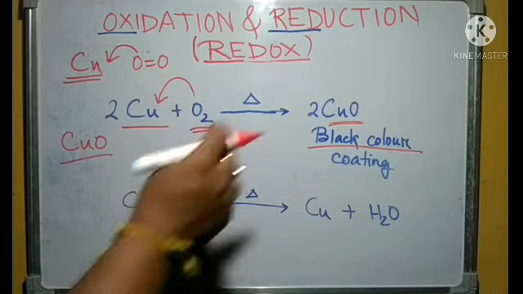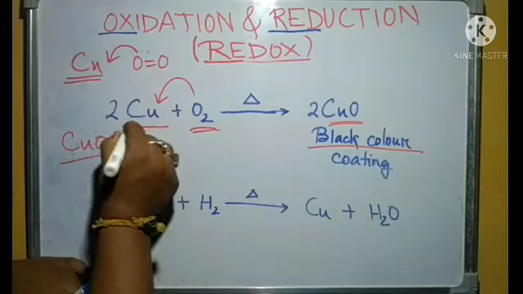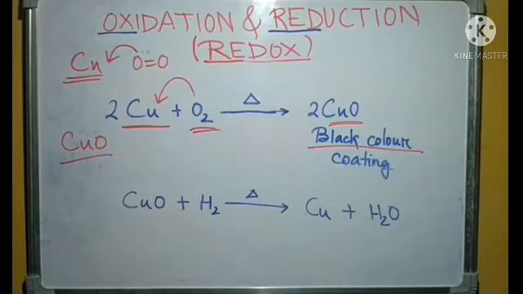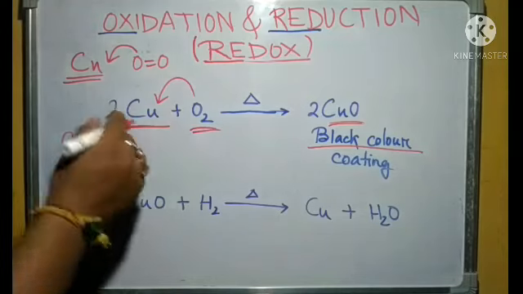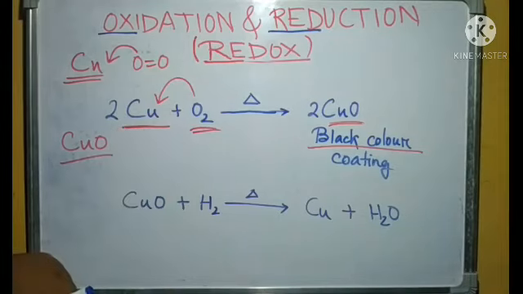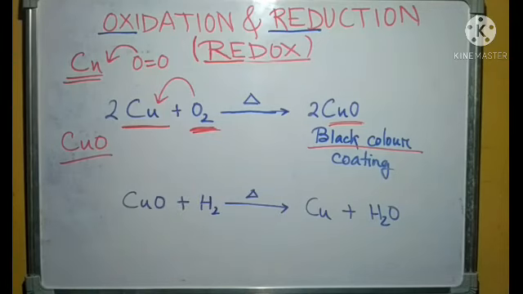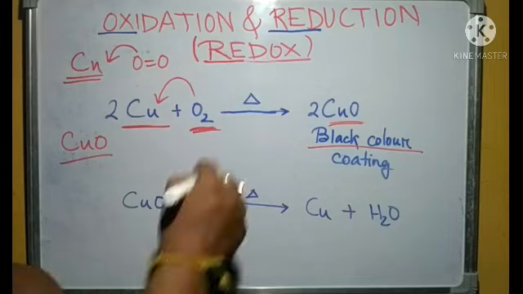In this case, we can see that earlier in this copper we had no oxygen atom. During the reaction, this copper is gaining an oxygen atom from the oxygen gas present in the air to form copper oxide.